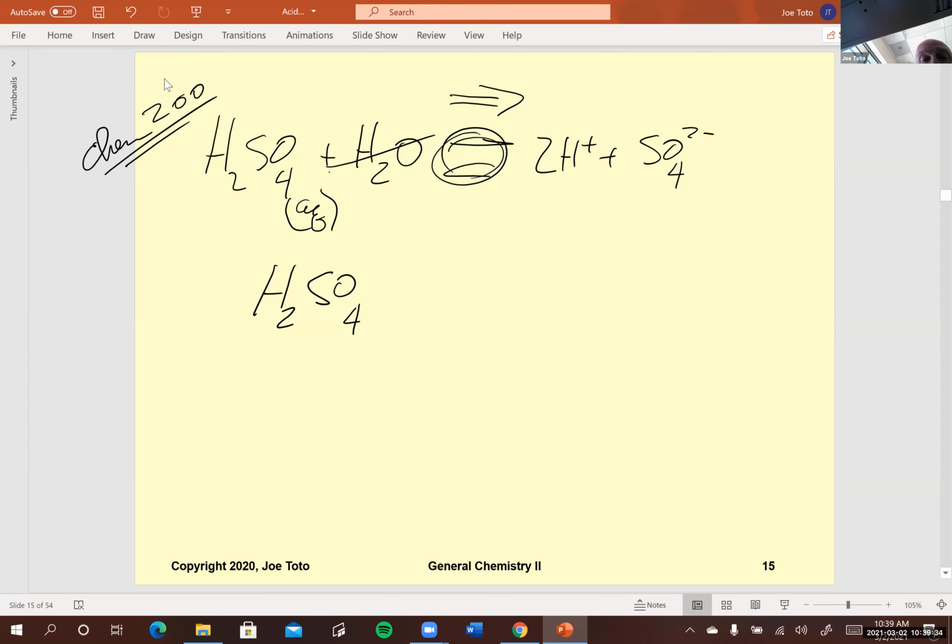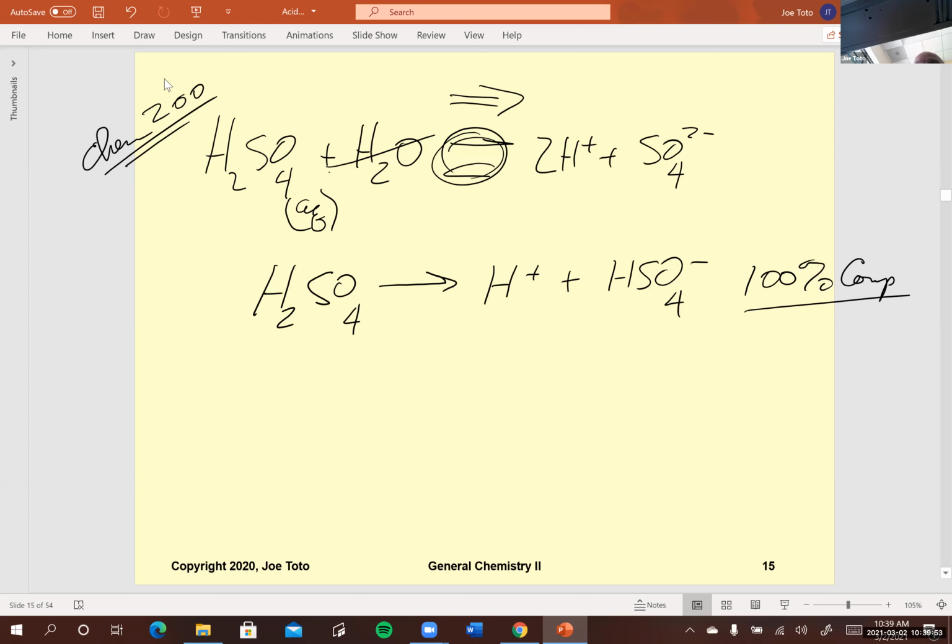Now, for the first proton, it's yes. That goes to completion 100%. So that's Chem 200. But now this guy right here, this is what we call, remember, amphoteric? It can act as an acid or a base.